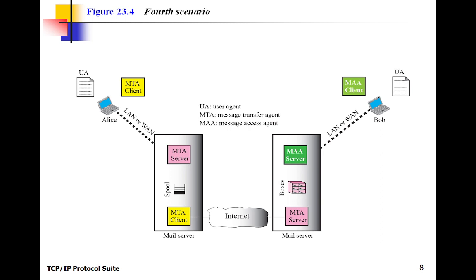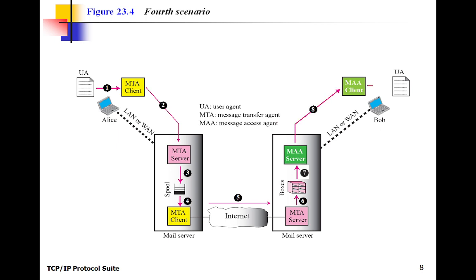And the fourth scenario uses one more term, that's MAA, message access agent. So here the flow is UA to MTA client to MTA server, then your mail information will be sent to the spool, then spool to MTA client, then it will reach the mail server, then from the mail server it will reach the MAA server, message access agent.